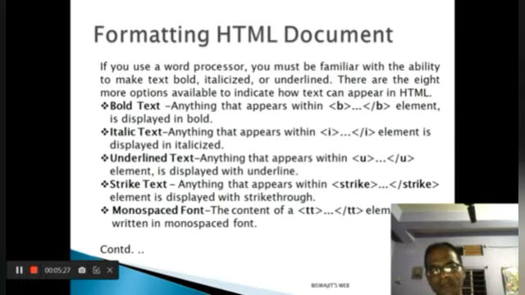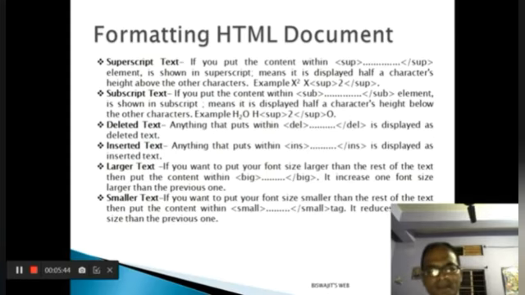Similarly, if you want to make a text italic, you have to use the I tag. For underline, you have to use the U tag. For strike, you have to use the strike tag. For monospaced, you have to use the TT tag.